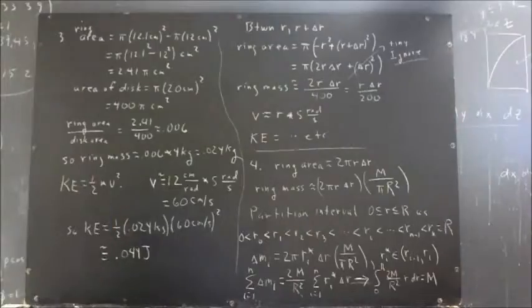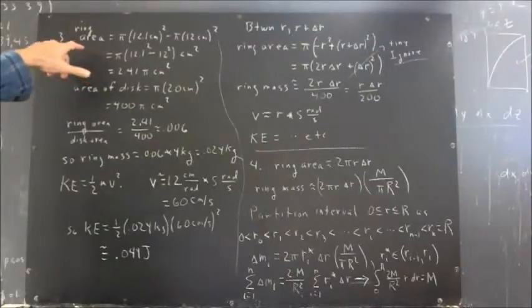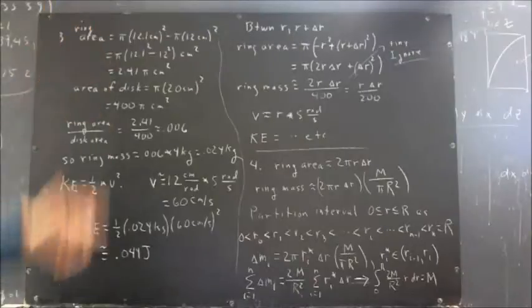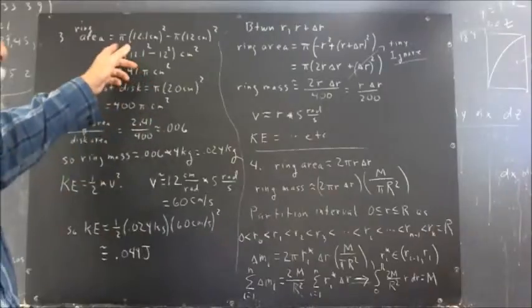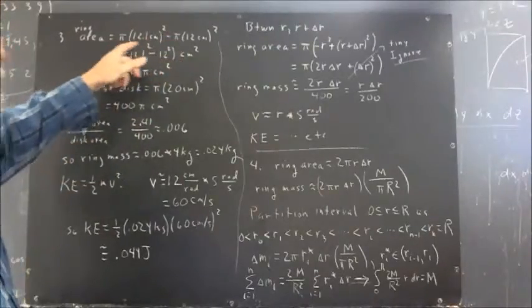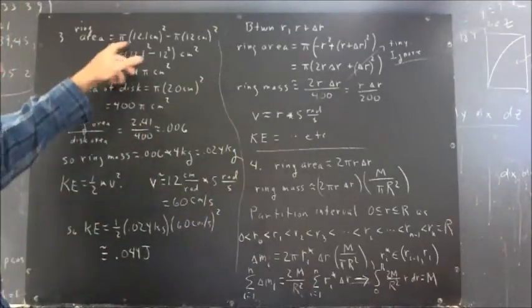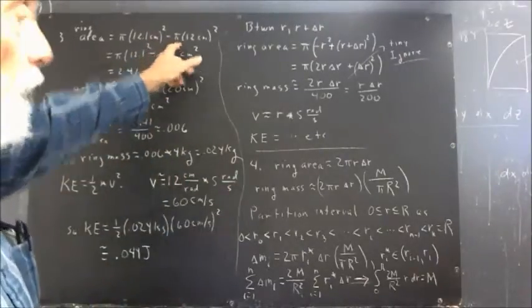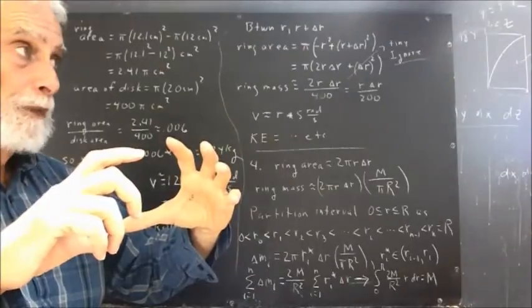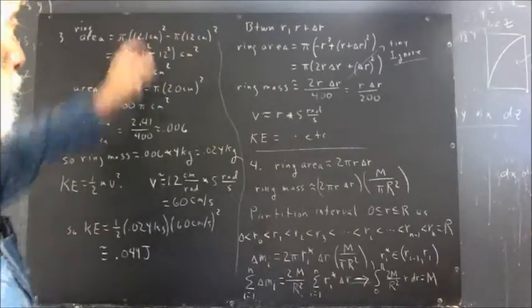Okay, to calculate the mass of the ring, we probably want to first find its area. Its area is just going to be pi times its outer radius squared, the radius out to the 12.1 centimeter distance, the area of the 12.1 centimeter disk, and we subtract off the area of a 12 centimeter disk, which would leave us the 0.1 centimeter ring between 12 and 12.1 centimeters.